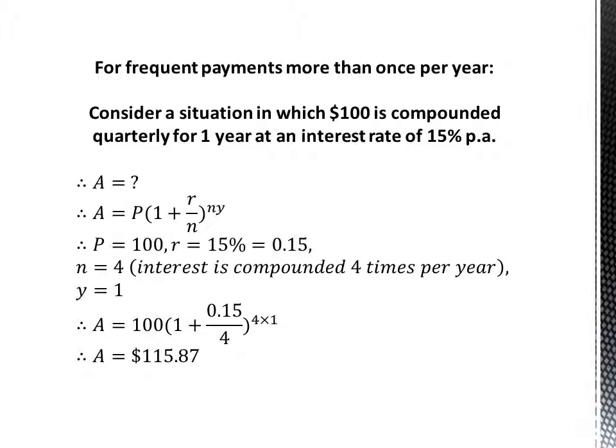In this situation, P is 100, the rate is 15%, so it's written as 0.15. N is 4 because it's compounded quarterly, 4 times a year. And Y is 1. So substituting them into the equation, we have 100, bracket 1 add 0.15 over 4, bracket to the power of 4 times 1, which is a total of $115.87.